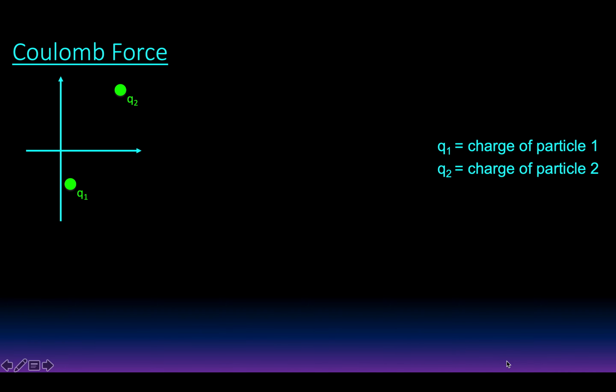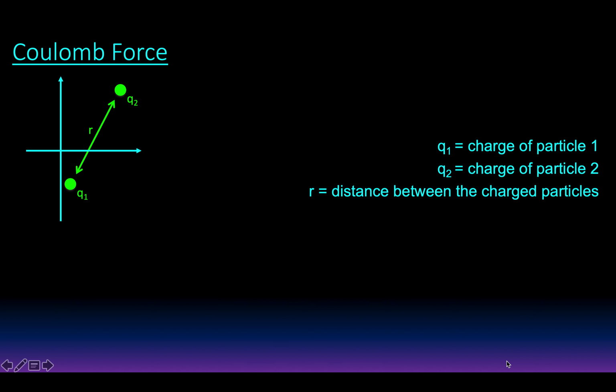And from looking at this picture, we see that there is some separation between these two particles. So we will define r as the distance between these charged particles. Now, we are going to work with r, and in the equation that I'm going to show you in a moment, r does not describe a radius. r describes a separation or a distance between two objects.